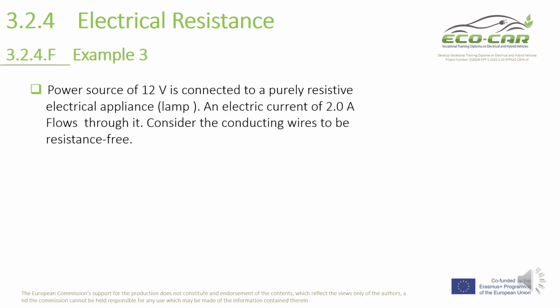Example 3, another example. If the power source is 12 volt connected to purely resistive electrical appliance lamp. So an electrical current of 2 amps flows through it. Consider the conducting wire to be resistance free.